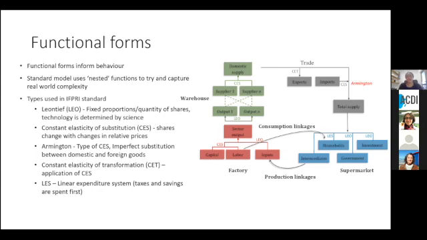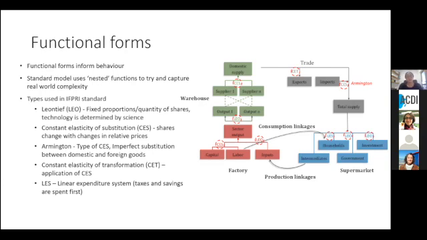And Leontief structures are also used to combine products from various producers and the consumption by government and investment. The constant elasticity of substitution allows for changes in shares that are used based on changes in relative prices.